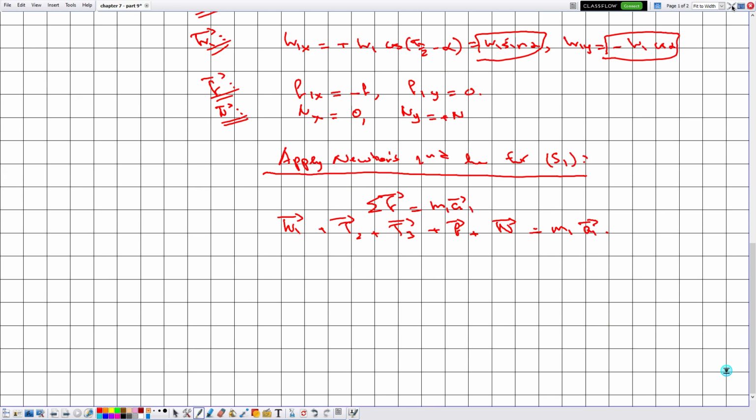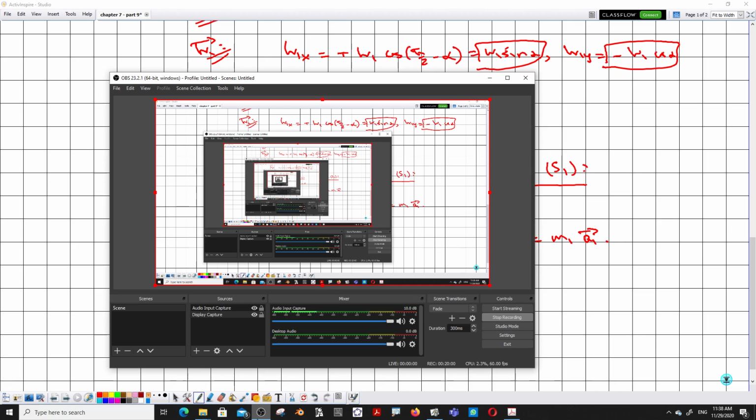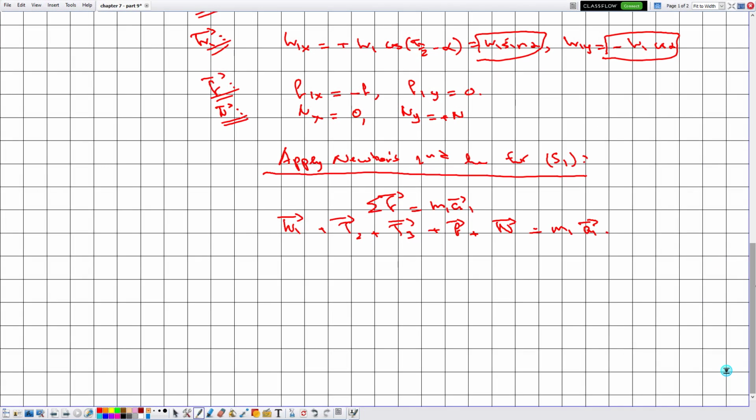Okay, now let's start with the projection along the x-axis. So we drop down the vector quantities, and each vector quantity will carry the label x.